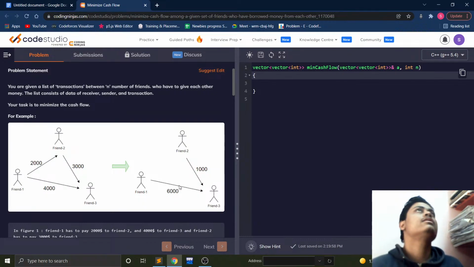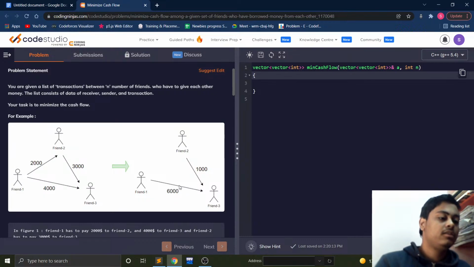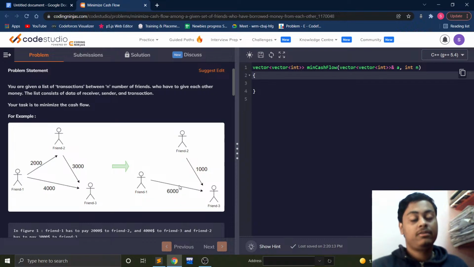And why is this better? Currently it is 9,000 and then it became 7,000. The 2,000 which I diverted, before it was traveling from 1 to 2 and then 2 to 3, 2 times it traveled. Now it is traveling only a single time, so I got a bonus of 2,000.